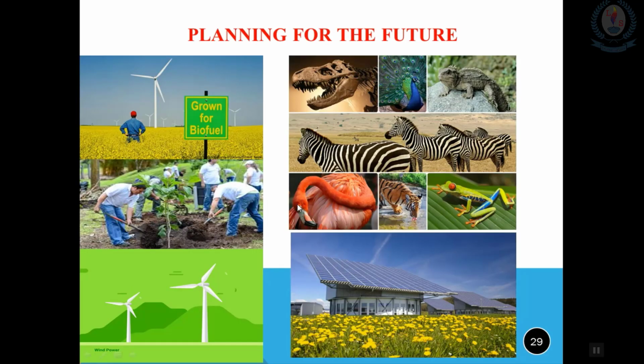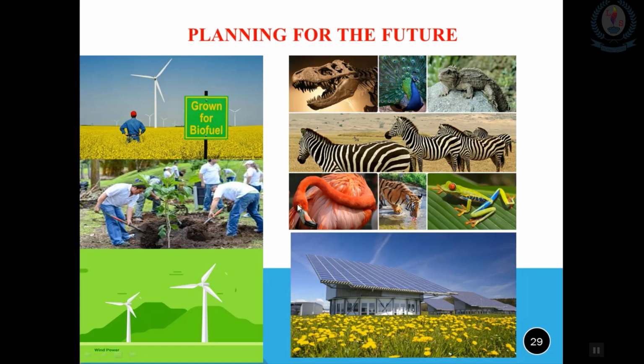Planning for the future. The idea of sustainability comes in handy when we take a look at strong and effective actions that can be taken to combat the consequences of climate change. If we take a look at the human population for the last 10,000 years, we see exponential growth, and we have now exceeded 7 billion in the global population.